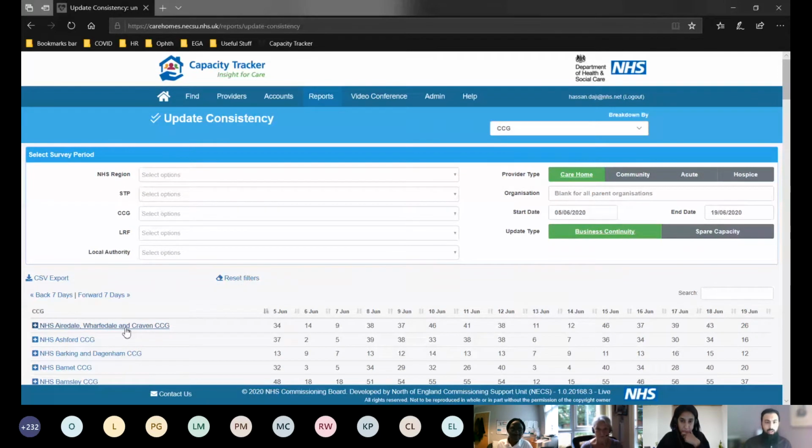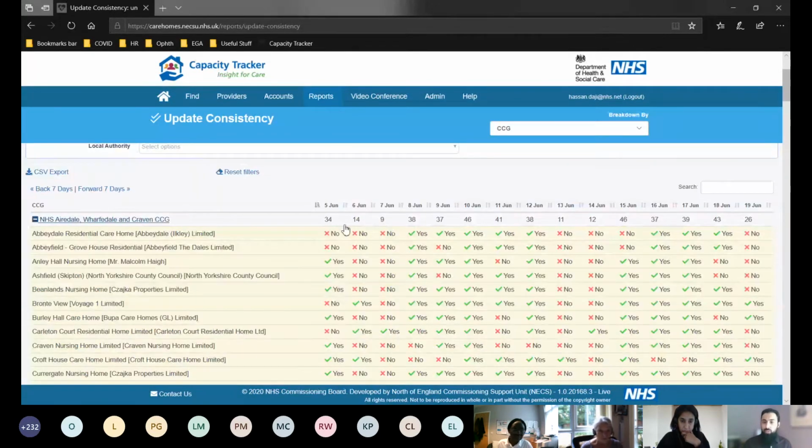For example, this care home didn't update for 3 days, then updated for 5 days, didn't update for 3 days, updated for 3 days, and didn't for another day. This is not a punitive thing. It's about supporting care homes to complete it on a regular basis.